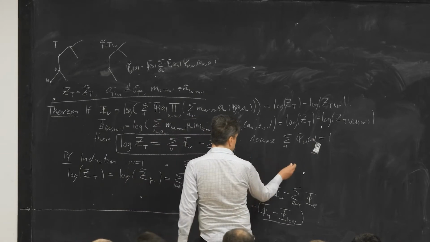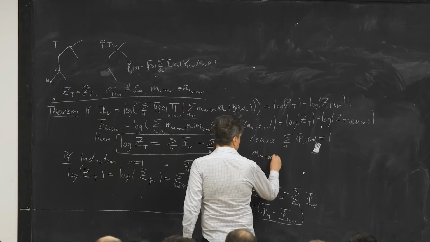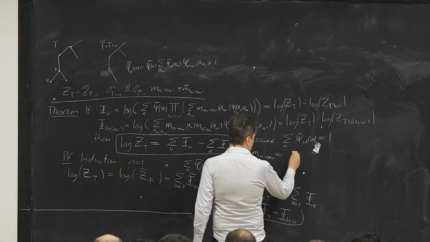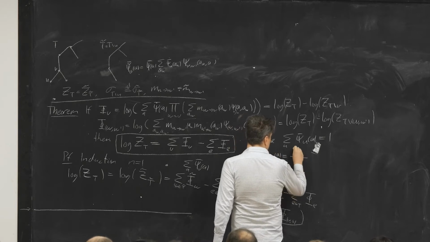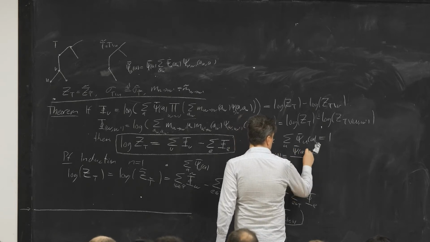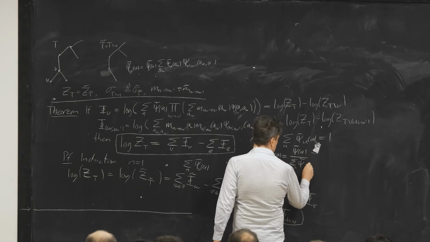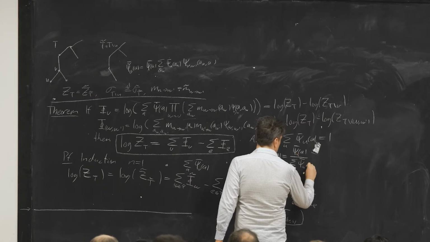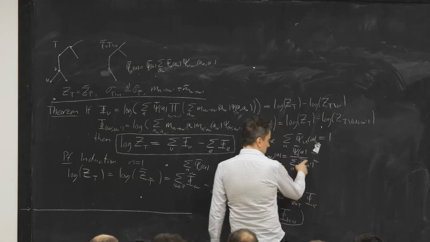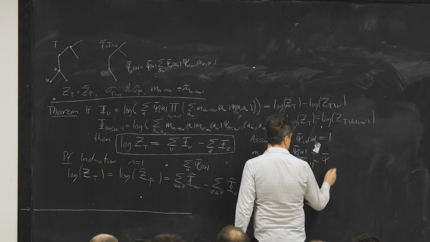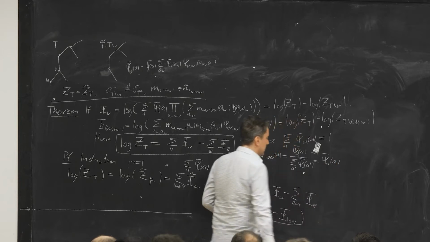And what this means is if I look at the message from u to v, this is psi bar of a over the sum over a prime of psi bar of a prime, and because the denominator is 1, it's just the same as psi bar.